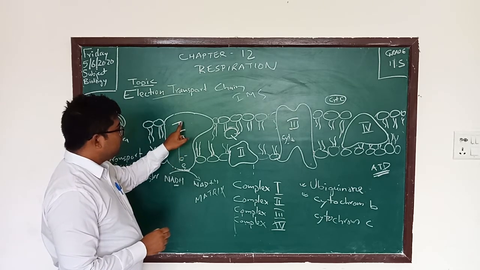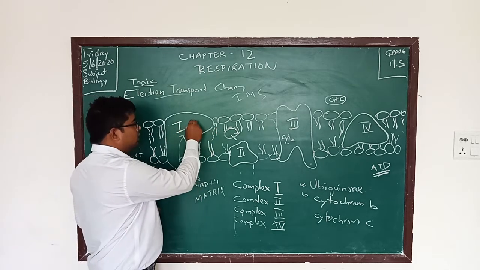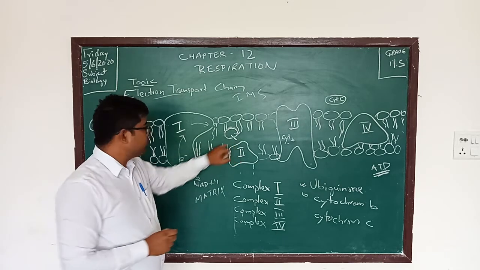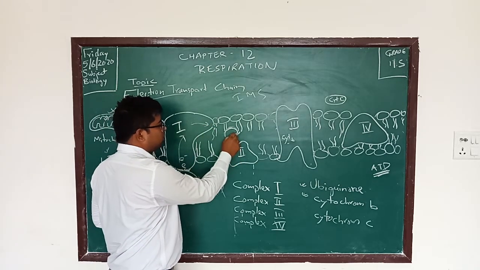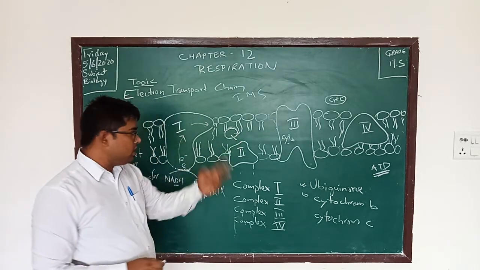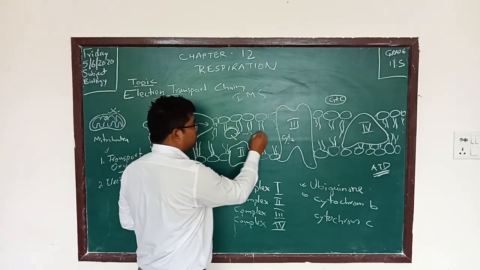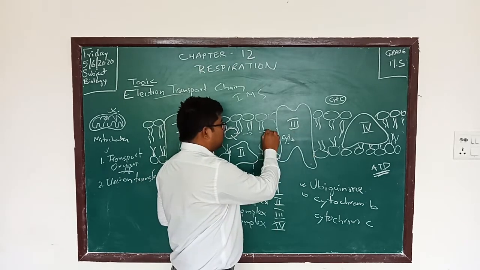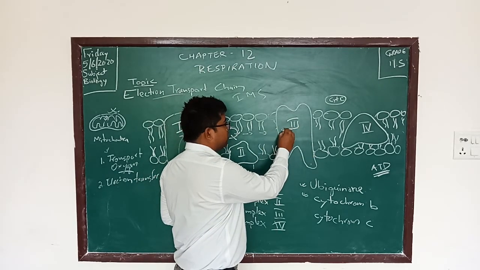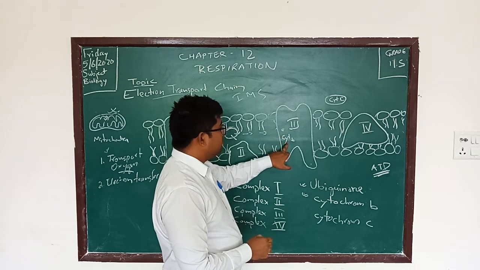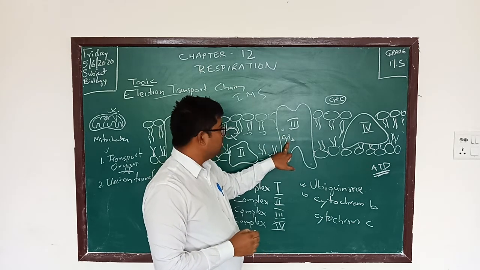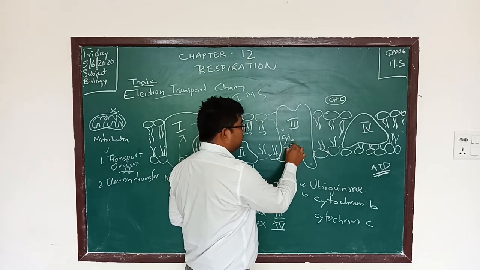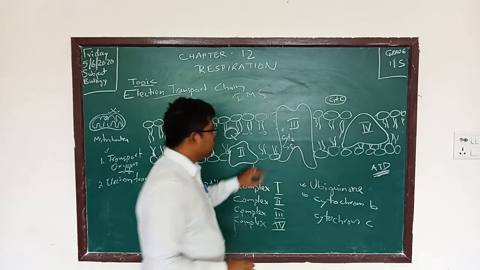At the same time, you have this electron traveling to ubiquinol. The ubiquinol will take 2 electrons at one time, and then it will travel towards complex number 3. In complex number 3, one electron will be given to cytochrome B, and there is another one called cytochrome B2.